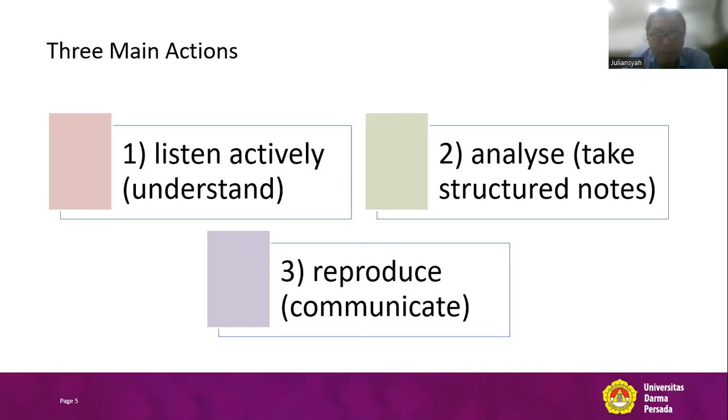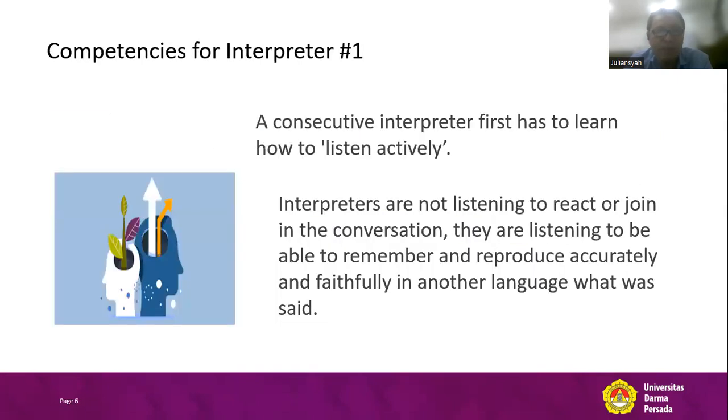Not only translating, but also communicating better. These are the three main activities in interpreting. Okay, any question? Actually, this is going to be the description of each of the three main activities. Thank you, Qurratul Ain.